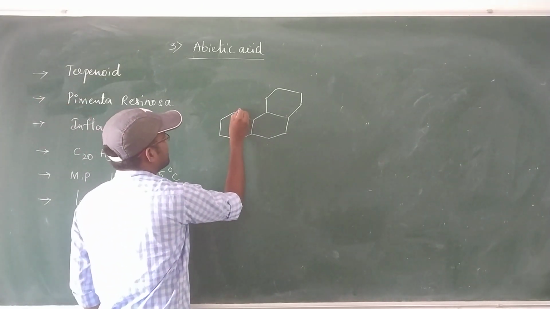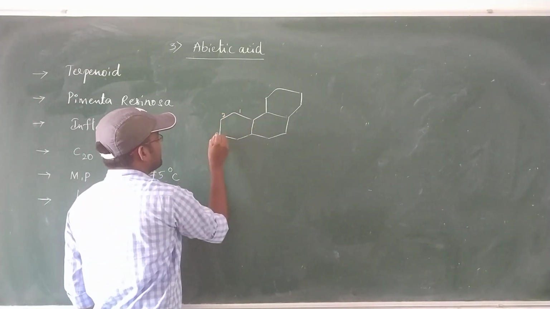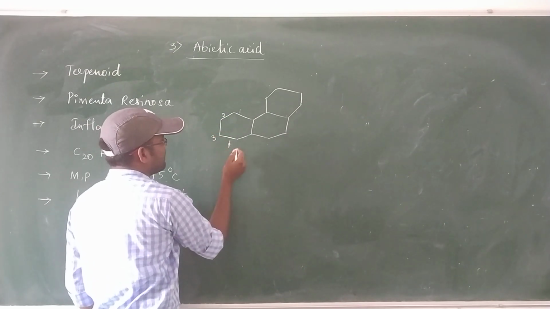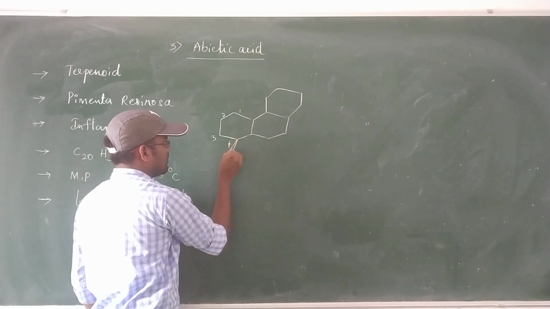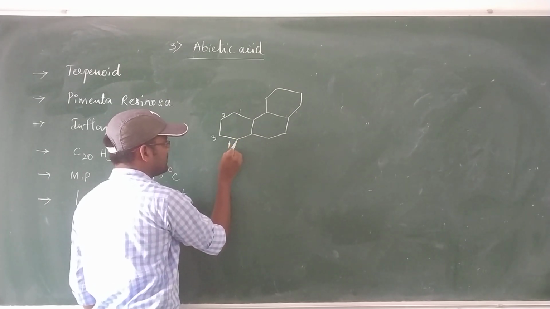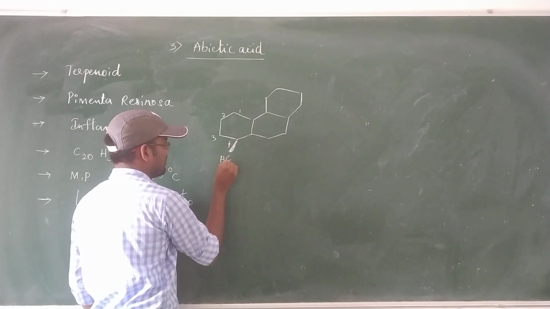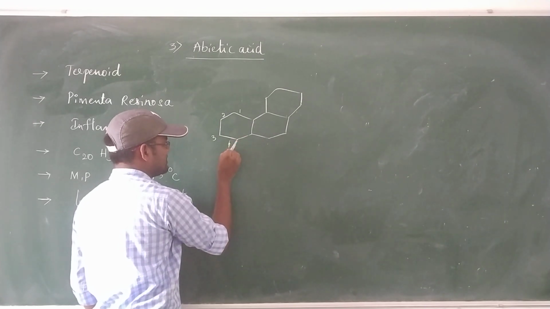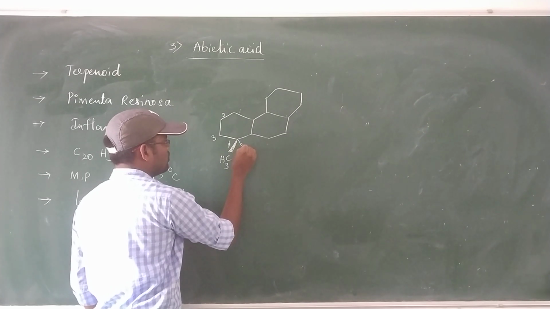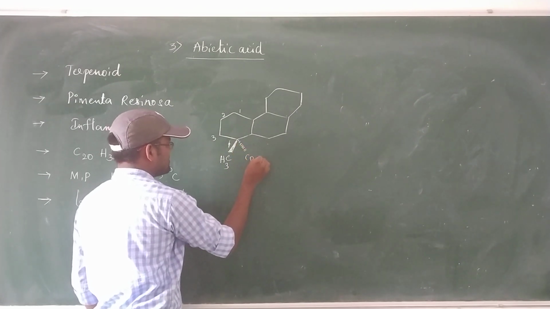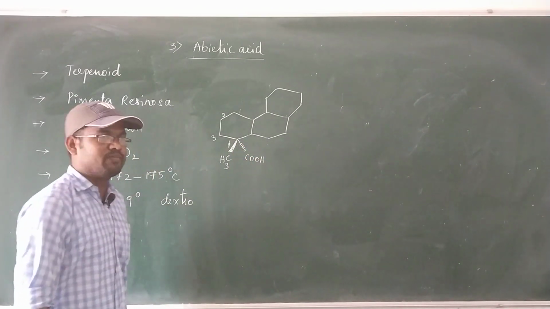So this is the first carbon atom, second carbon atom, third, fourth carbon atom has two groups. The first group is a CH3, which looks nearer to the observer. The next group is COOH, which looks away from the observer.